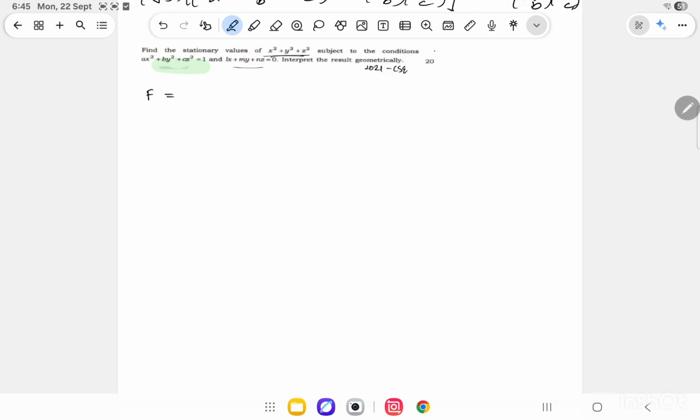So that will be equal to x square plus y square plus z square plus lambda 1 into (ax square plus by square plus cz square minus 1) plus lambda 2 into (lx plus my plus nz).